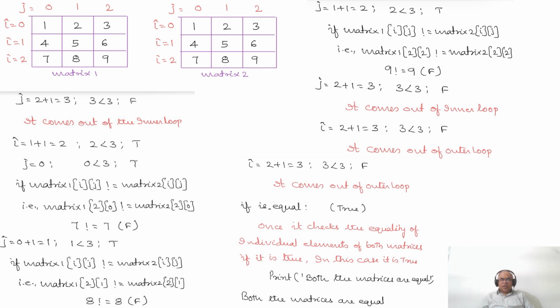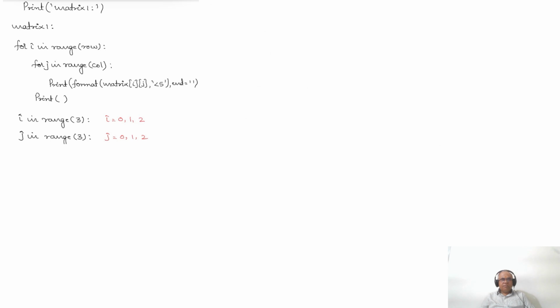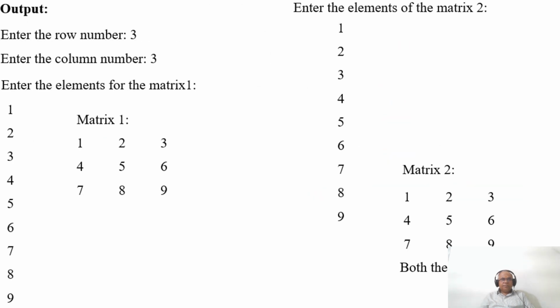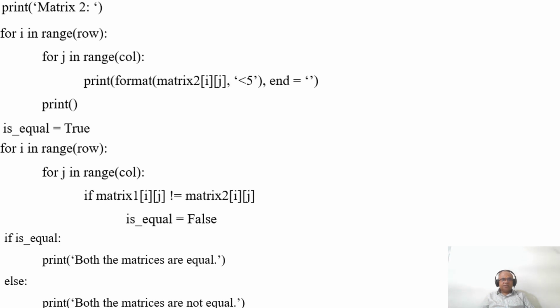Now is_equal is true, so what does the program say? The program says, if is_equal, the condition is true.